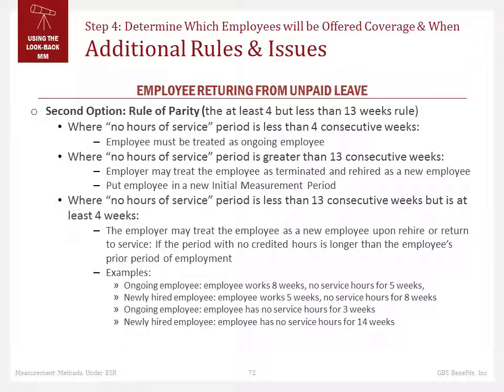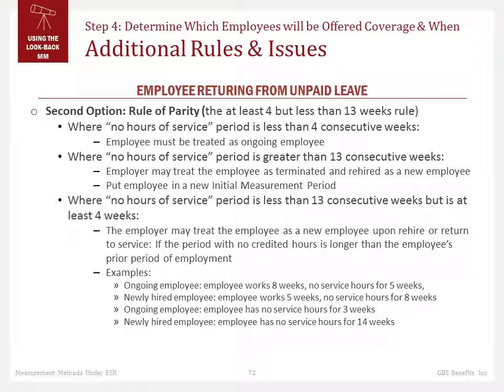So let's talk about some examples, so maybe that will make more sense. I have examples here at the bottom. There are examples of an ongoing employee, then a newly hired employee, then an ongoing employee, then a newly hired employee. So let's talk about the first one. Employee works 8 weeks. There are no service hours for 5 weeks, meaning they were gone for 5 weeks. So the period of time they worked, 8, is greater than the period of time they were gone.